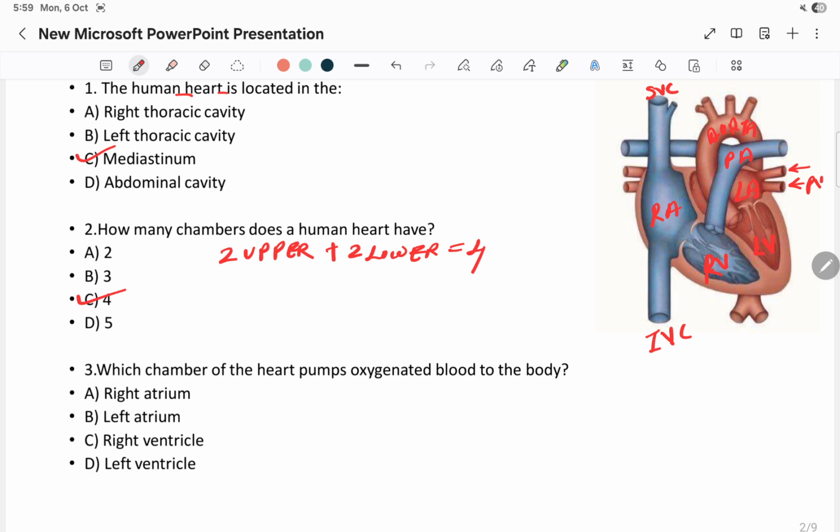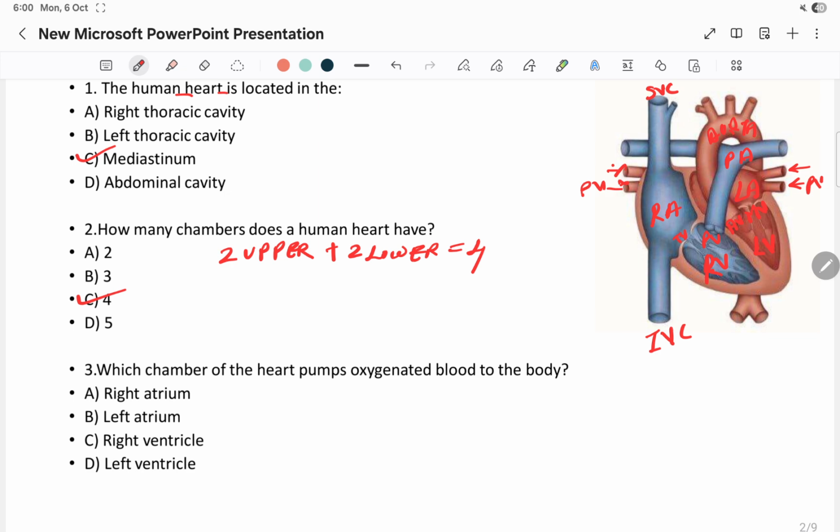Between the right atrium and the right ventricle we have the tricuspid valve, and between the right ventricle and the pulmonary artery we have the pulmonary valve. On the left side, between the left atrium and the left ventricle we have the bicuspid or mitral valve, and between the left ventricle and the aorta we have the aortic valve. This one is also a pulmonary vein.